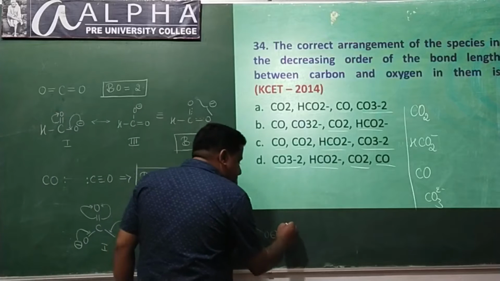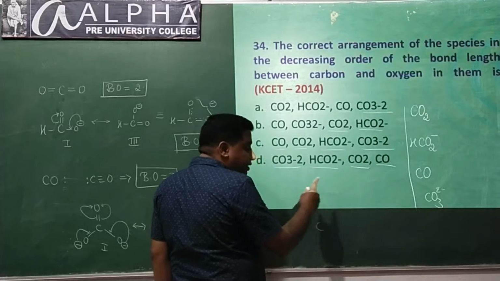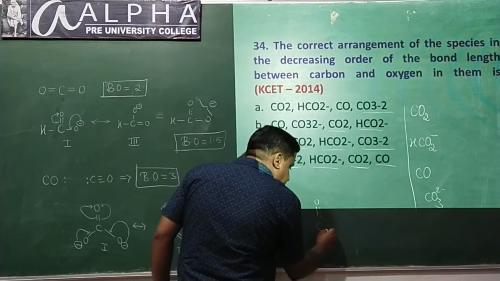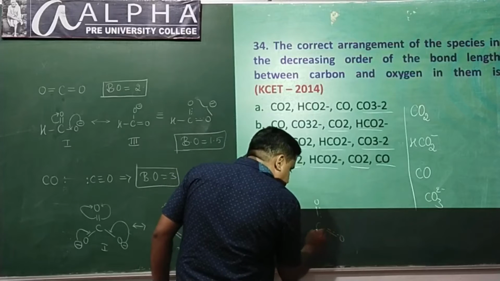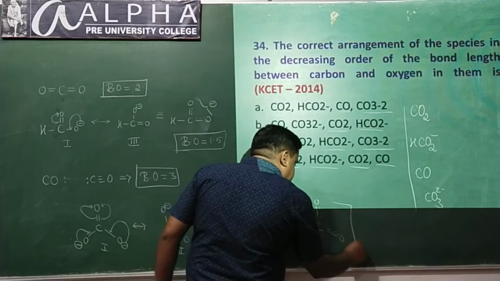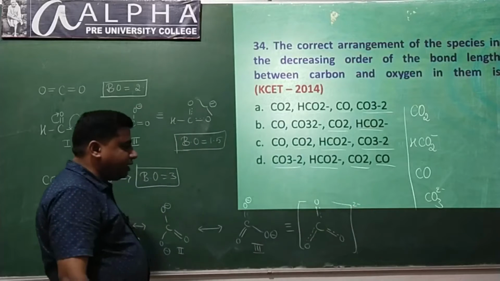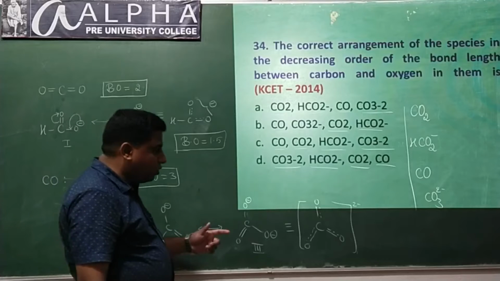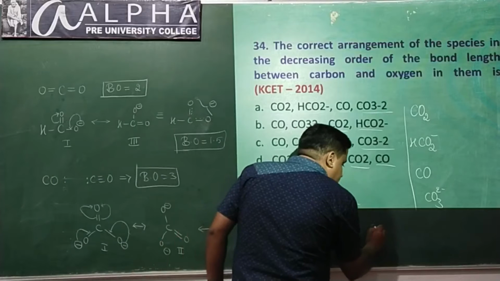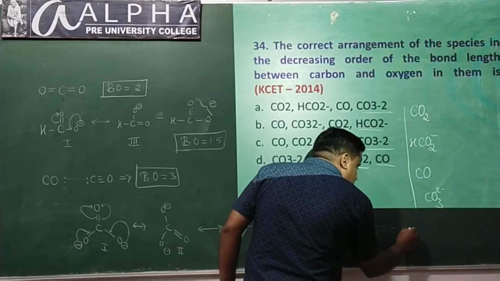That means between the carbon and all three oxygen atoms, there is a partial double bond, and the negative charge is oscillating between the three oxygen atoms. So what is the bond order? Since it is a partial double bond, the bond order has to be 1.5.